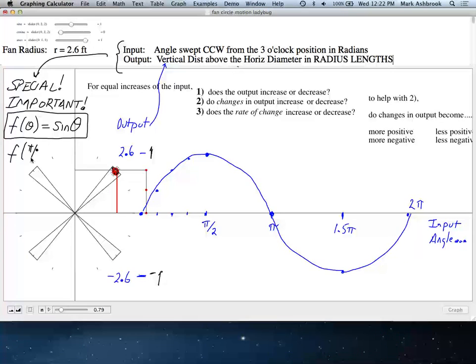So we're evaluating f of pi over 4, which is, you're going to punch sine, and then pi is second caret, and you're going to do pi over 4. And that's going to give us a number. All right, what number are we going to get? 0.707. You should make sure you can get that.